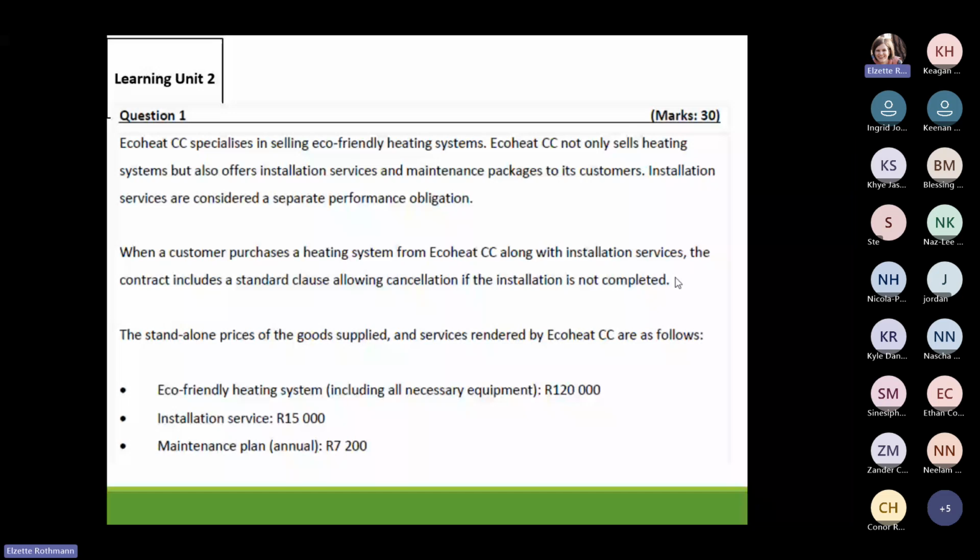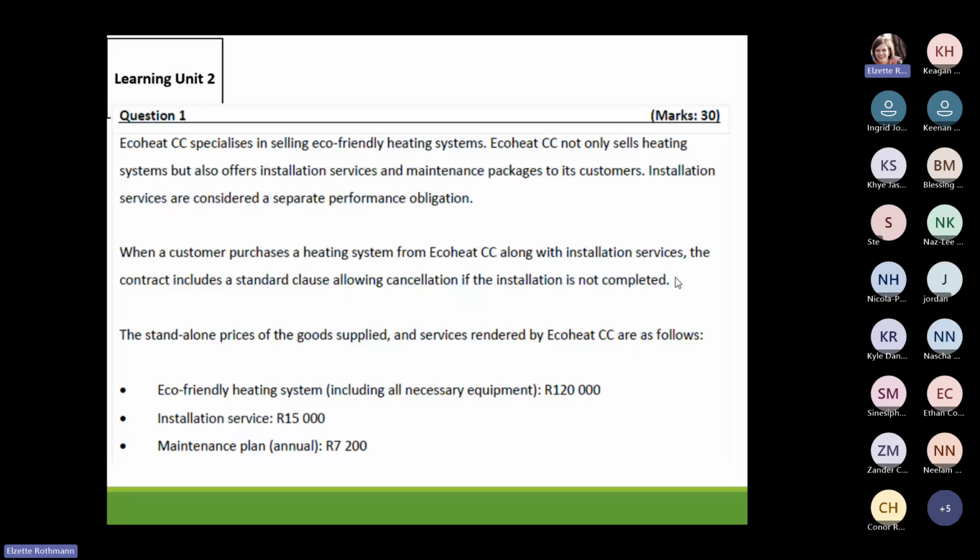And very important to remember is that you can only recognize revenue once the obligation has been met. I'm quickly going to repeat that again. You can only recognize revenue once the obligation has been met.